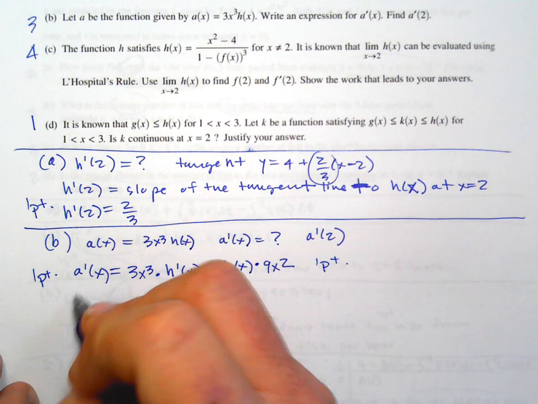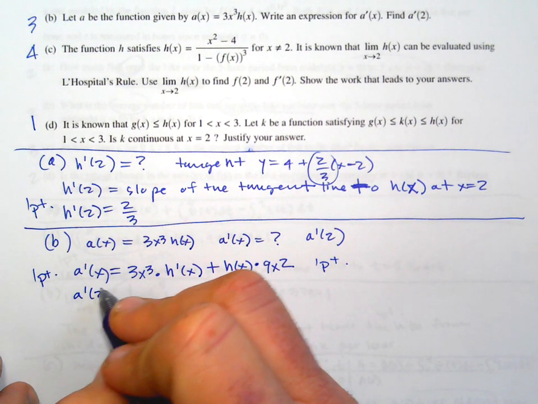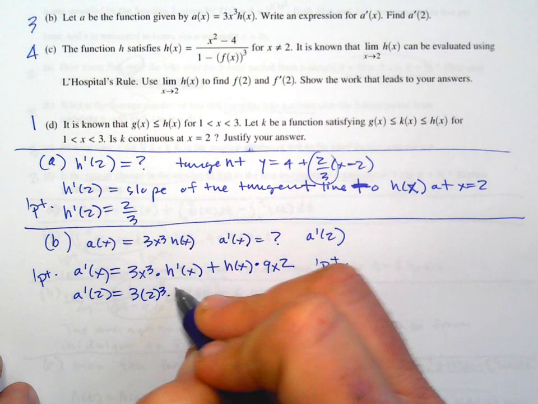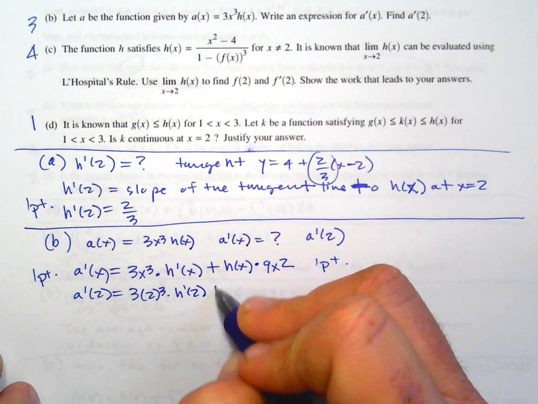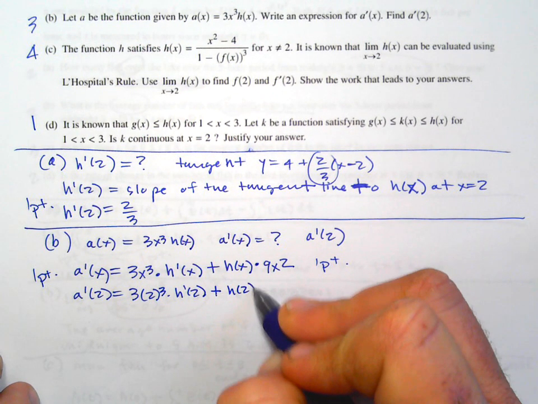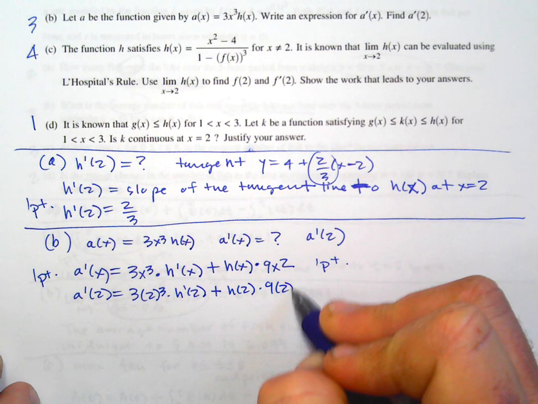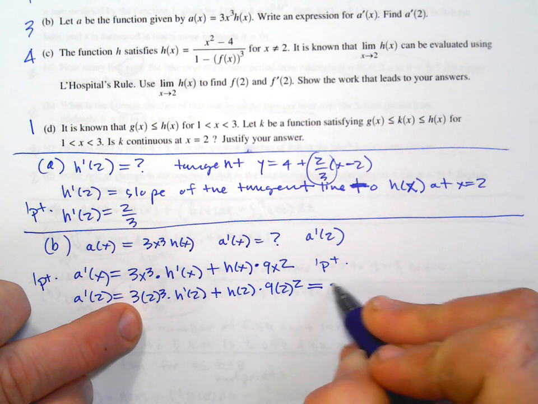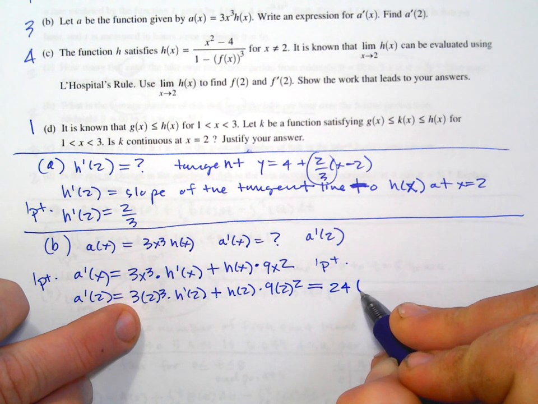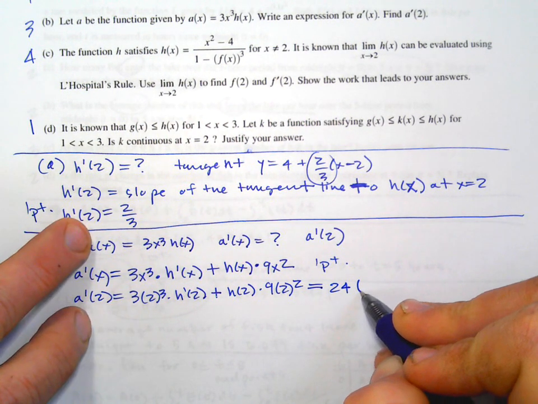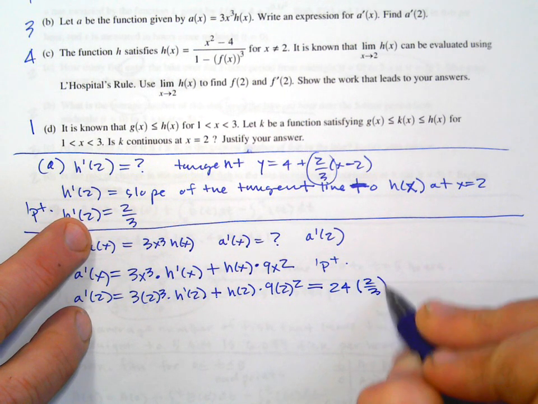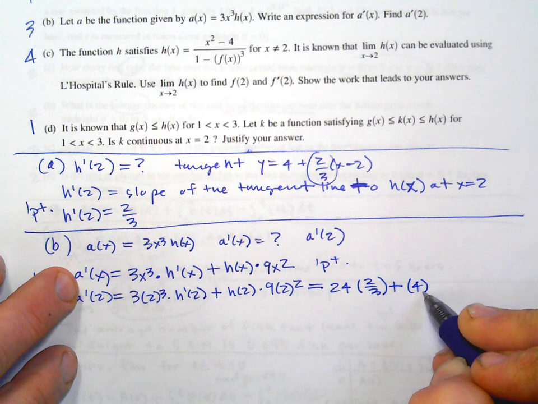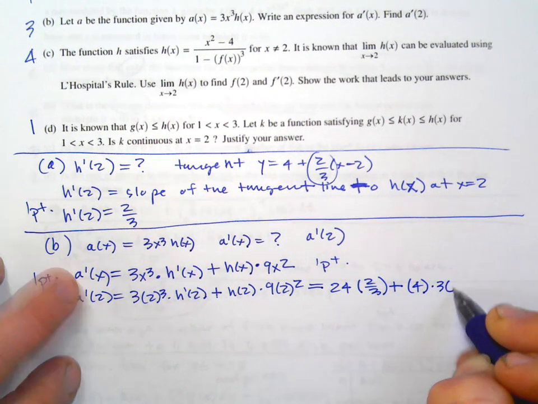And then we're going to do a prime of 2. So we're going to plug 2 into all this. So 3 times 2 cubed, h prime of 2, plus h of 2 times 9 times 2 squared. So that's going to equal 3 times 8 is 24. Now h prime of 2 is what we just found in Part A, it's 2/3, right? Plus h of 2, they gave you at the beginning, was 4, times 36.